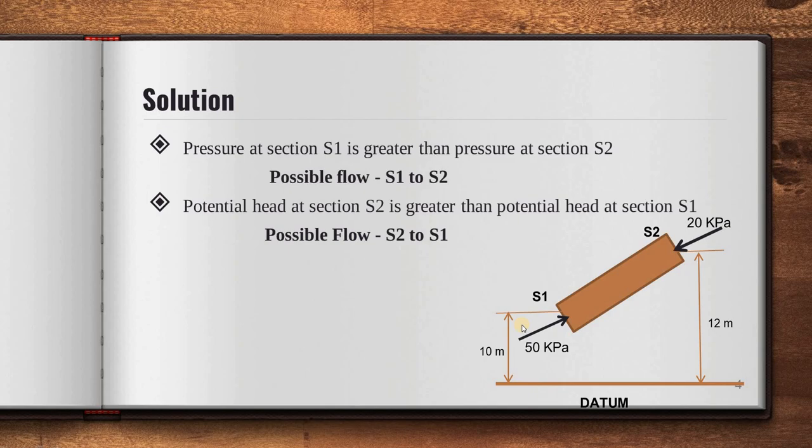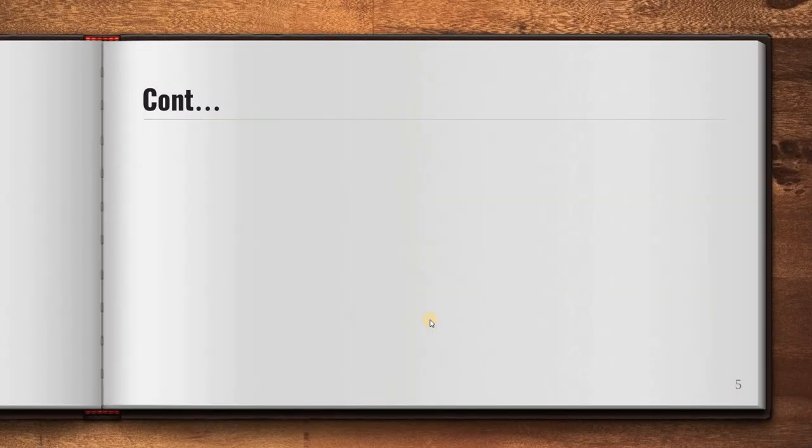S2 to S1. On the basis of pressure head difference, the possible flow will be S1 to S2. And on the basis of potential head difference, the possible flow will be S2 to S1. So here the question arises whether the fluid is flowing from S1 to S2 or S2 to S1. And the answer to this question is what?